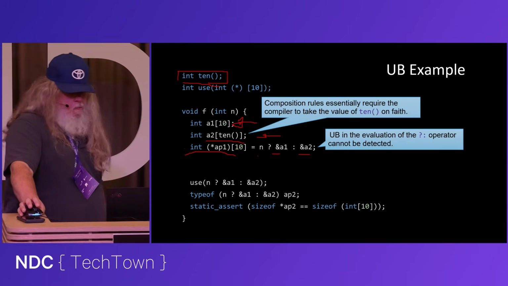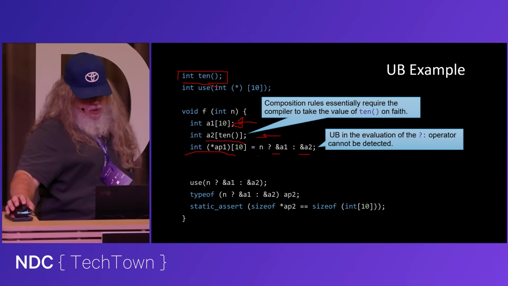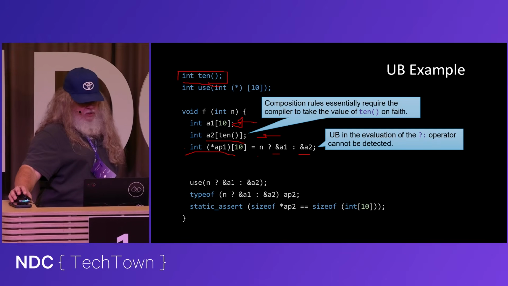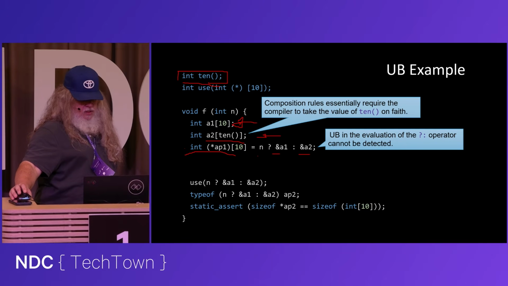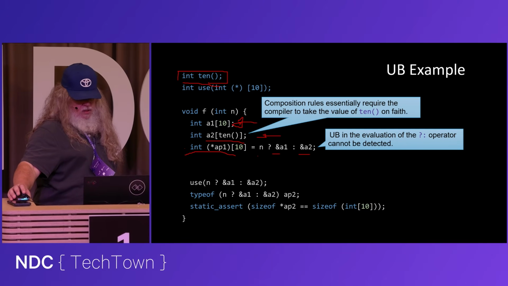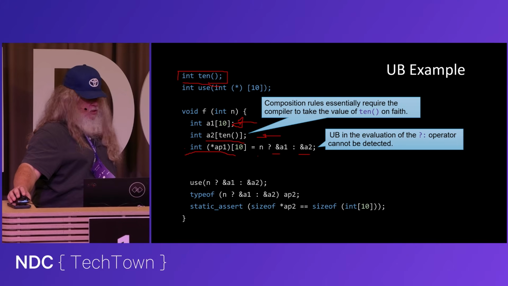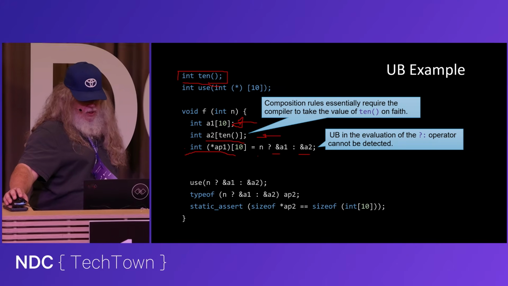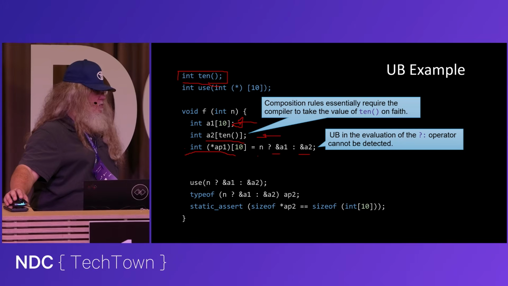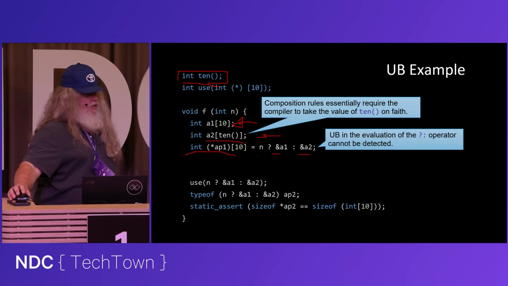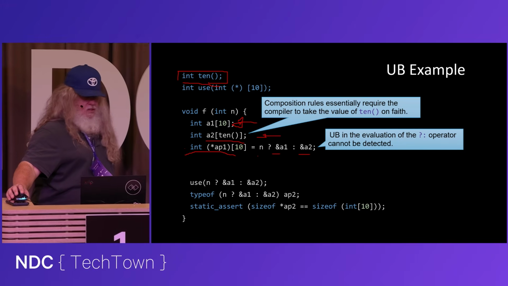And so from a perspective of what's statically verifiable here, we know A1 is 10. We know that this new object we're defining is an array of 10 integers. But for this A2 array, we really don't know what size this is.